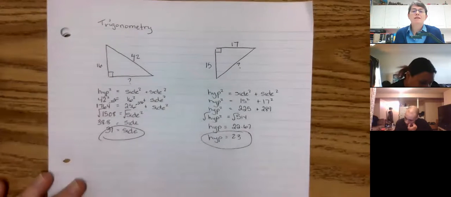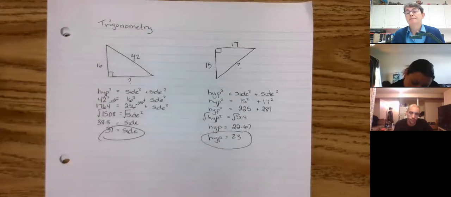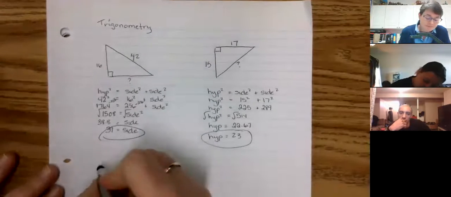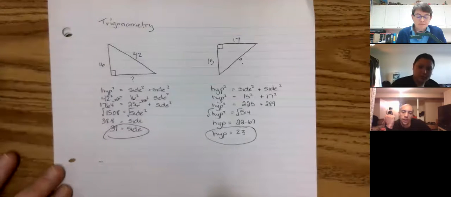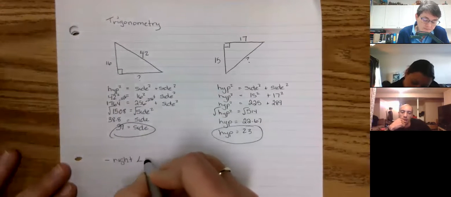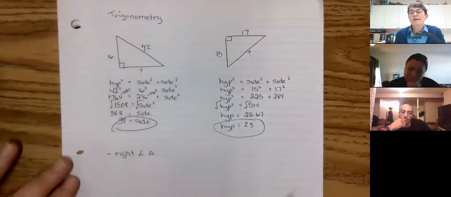However, there's some shortcomings to Pythagorean's theorem. What do we have to have? Two sides and a right angle triangle. All right, so first of all, it has to be a right angle triangle.